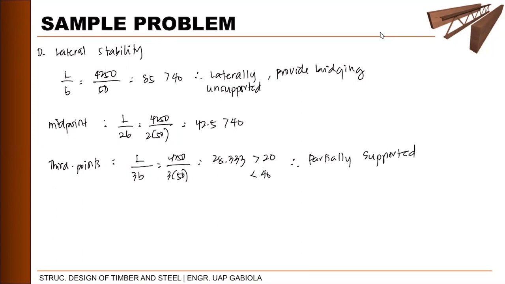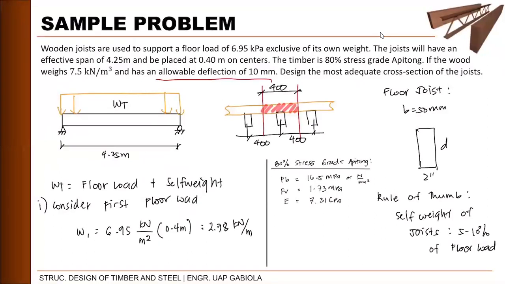Okay? Pero, we will need to check the value of F prime B. So, F prime B is FB times 1 minus KL over B. Again, yung KL over B natin dito, yung L over B, pertains dun sa last calculated natin, yung gagawin natin bridging. So, FB natin from our property is 16.5.